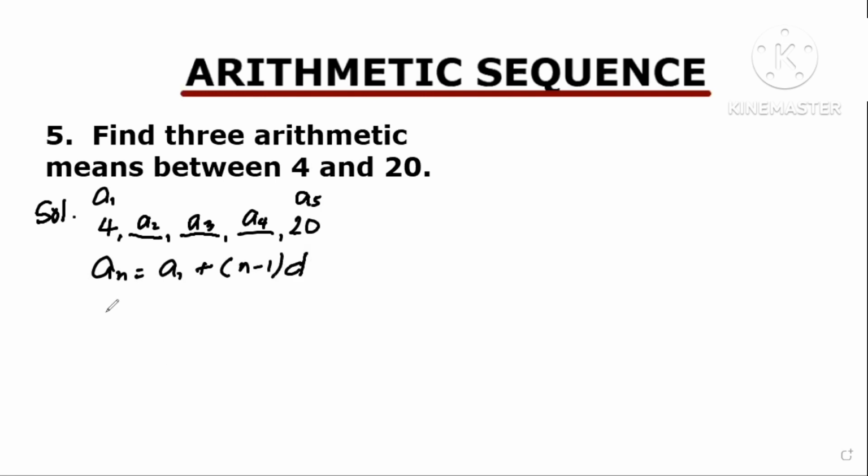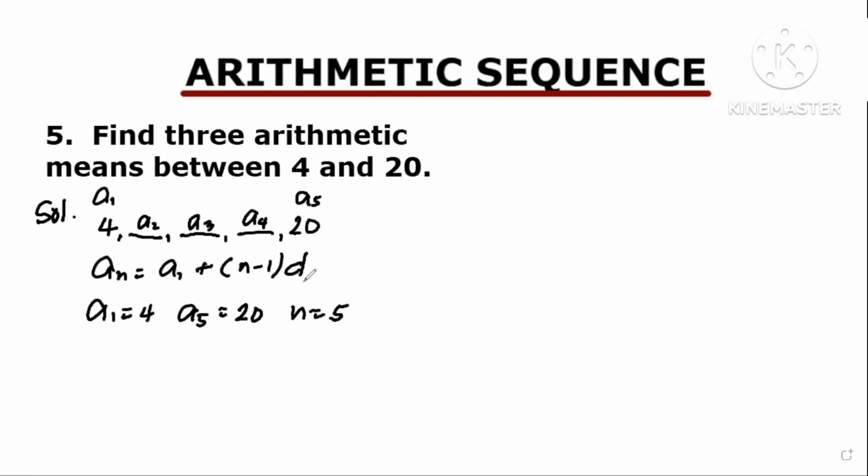Oh, ano ang given sa atin? A sub 1 is given, that is equal to 4. A sub 5 is also given, which is equal to 20. And n is equal to 5, since we have 5 terms.